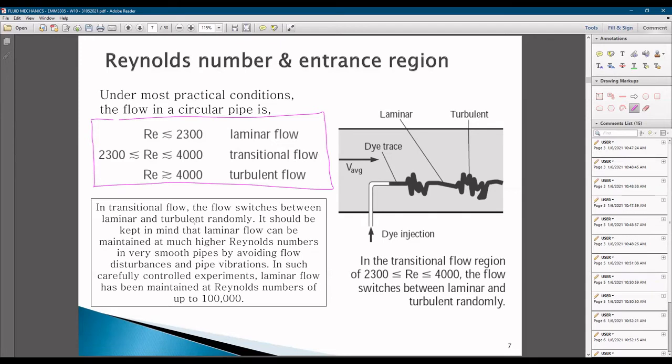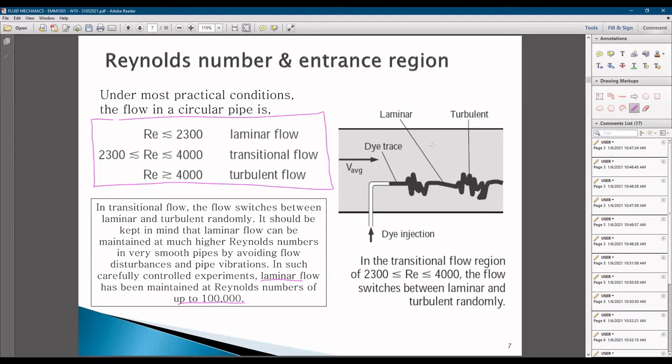under certain conditions, the flow can be maintained in a laminar state up to a Reynolds number of 100,000. From this image, you can see a snapshot of the test section of what could be a water tunnel.